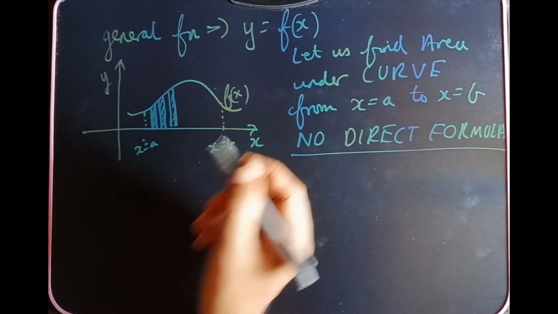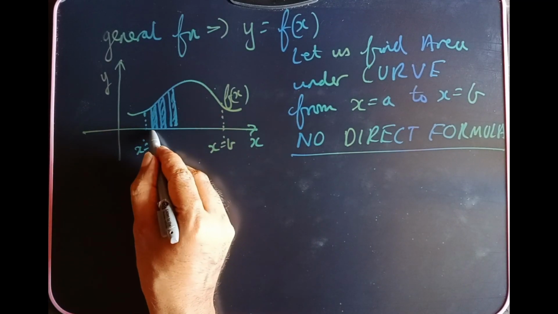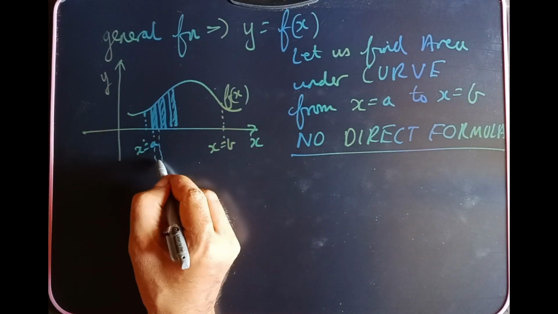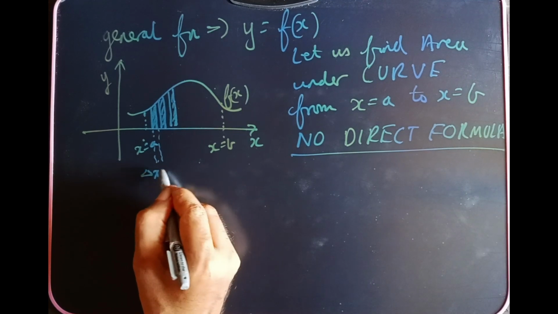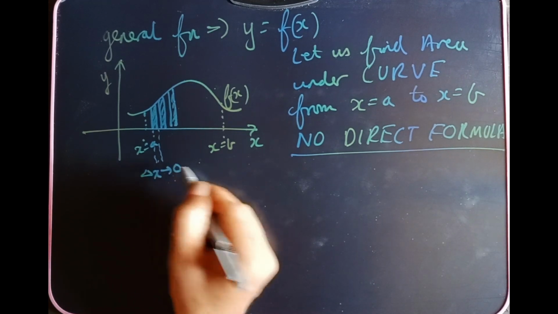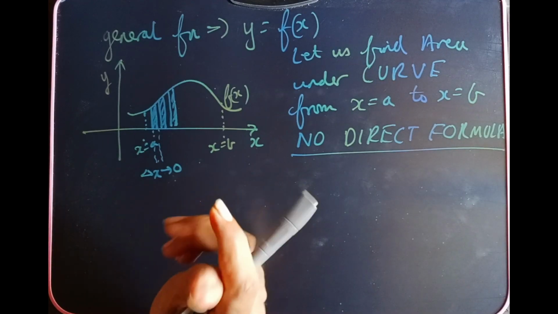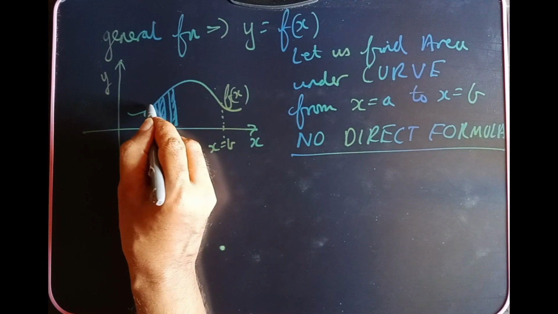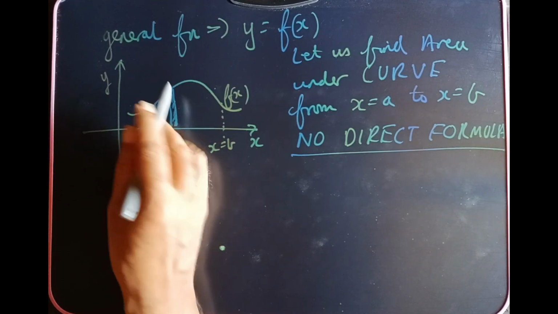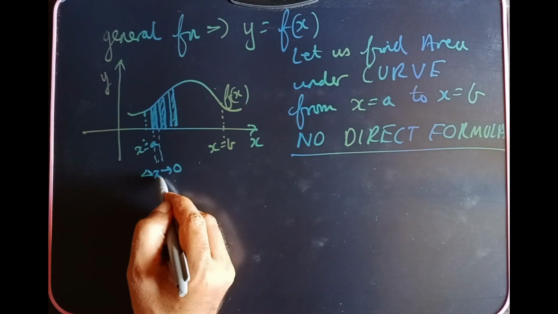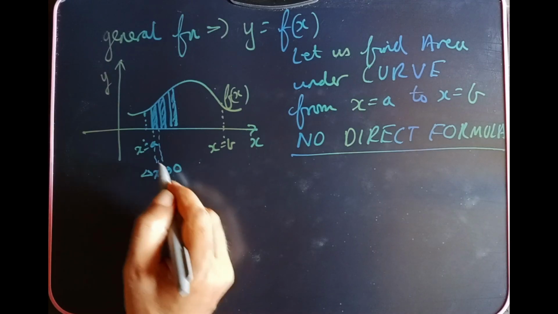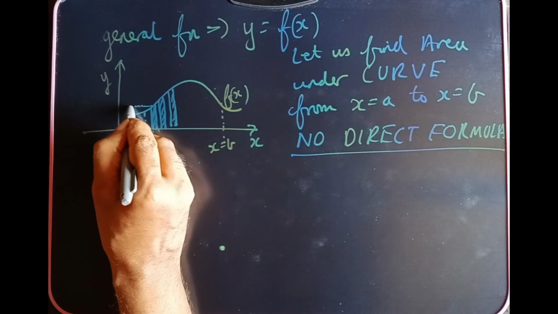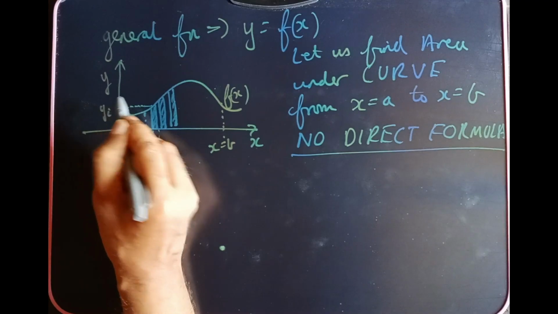We divide it in such a way that the width of each shape, which is delta x, is tending to 0. It is very small. For the first strip, where delta x is tending to 0, the height is yi.